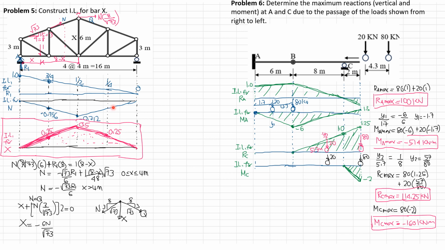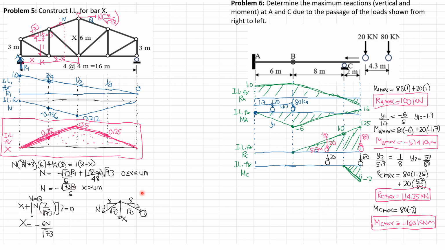When x is 12 meters, negative square root of 73 times 1/4, R1 is 1/4 at this point, divided by 6, so it is negative 0.356. So it is symmetric. That's the influence line for N.